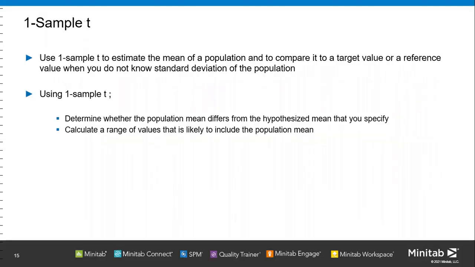We go for the 1 sample t-test. Use the 1 sample t-test to estimate the mean of the population and compare it to a target value or reference value when you do not know the standard deviation of the population. You use the t-test to determine whether the population mean differs from the hypothesized mean that you specify, and to calculate a range of values likely to include the population mean.